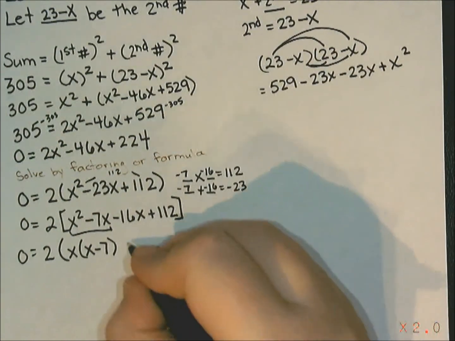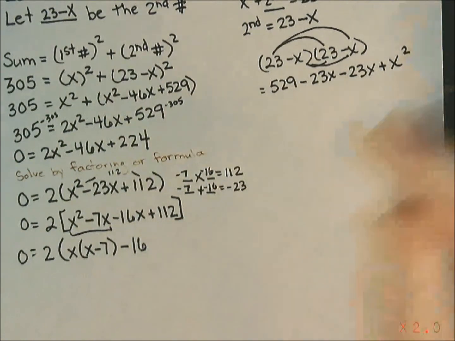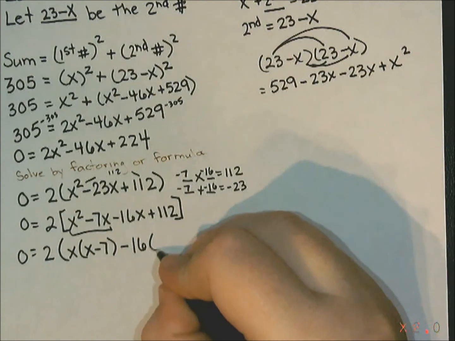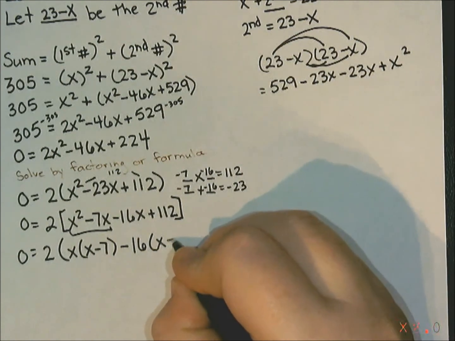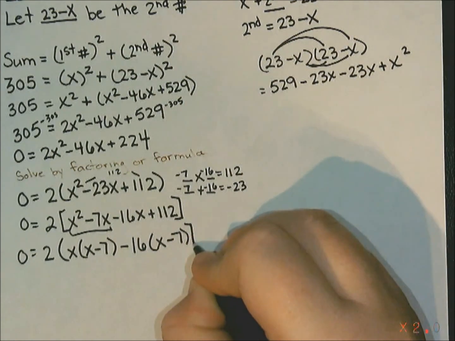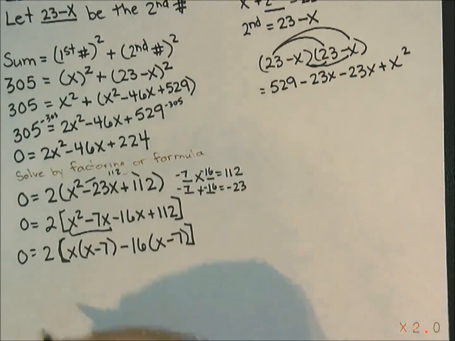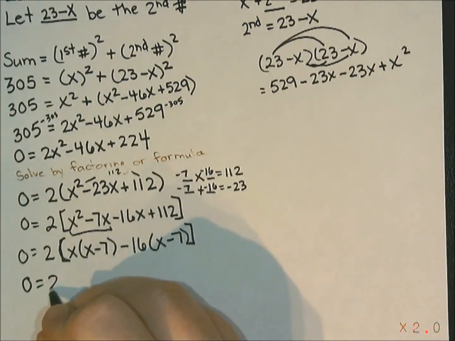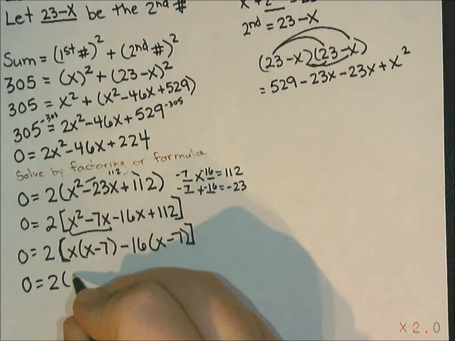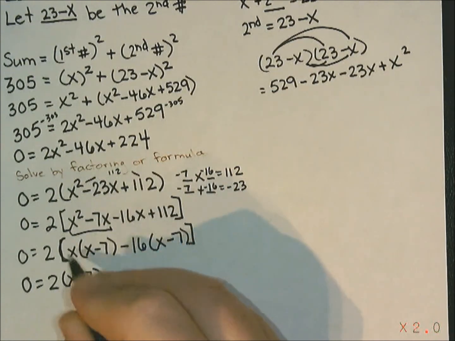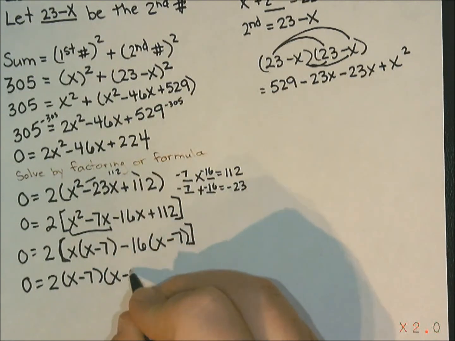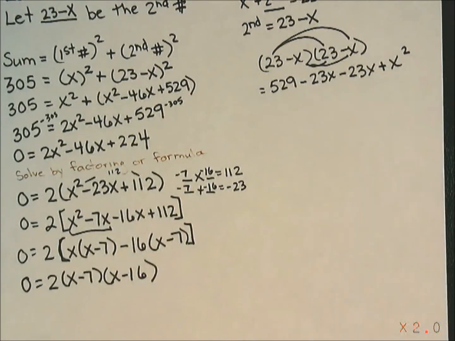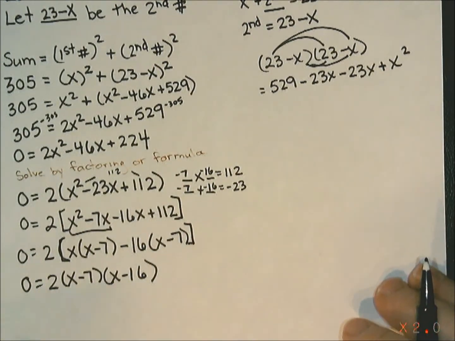Out of the second pairing, I believe I can take out that negative 16, and I'm left with x minus 7. So I end up with 2. They both have an x minus 7 here, so times x minus 7 and x minus 16. So that's just the factoring part here.